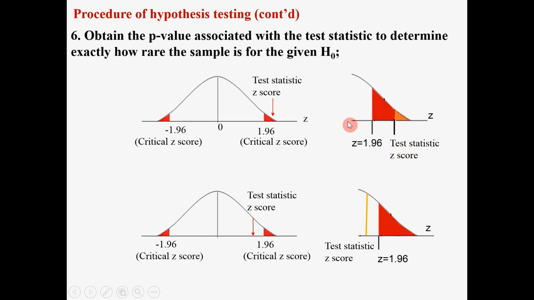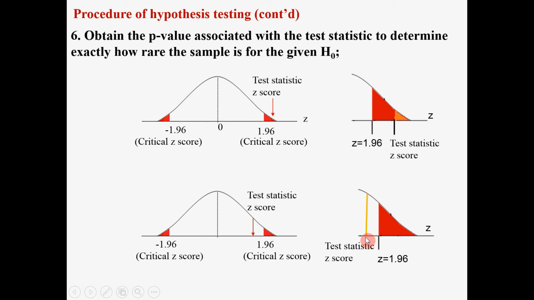But what if the test statistic z-score does not fall in a rejection region? For example, here on this picture, the test statistic z-score falls in a non-rejection region, somewhere between negative and positive 1.96. It's here. So again, in this large picture, we can really see that this test statistic z-score falls outside this upper tail rejection region. Now, this orange line is where the test statistic z-score is.